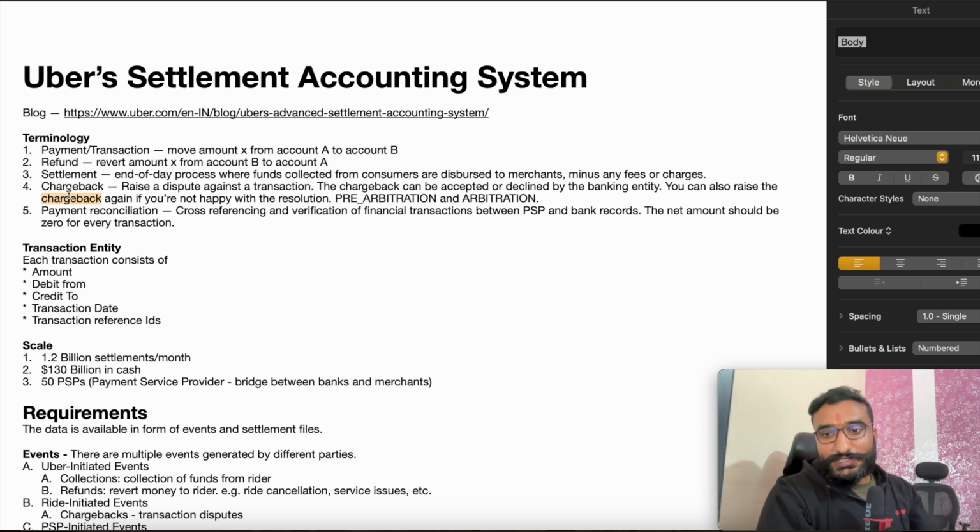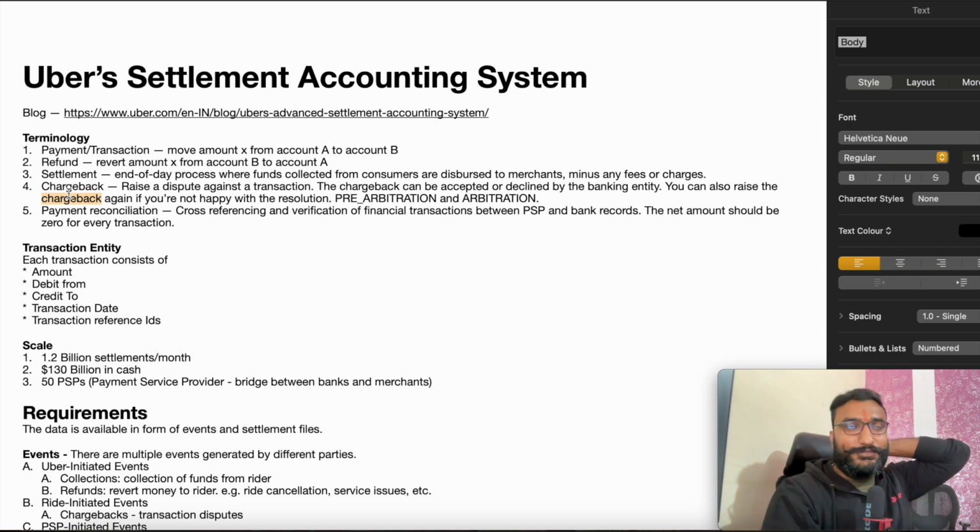In that case, you raise a transaction dispute. This is basically called a chargeback, and it can be either accepted or declined by the banking entity. If you want a very short definition, you can say a dispute is a kind of chargeback.